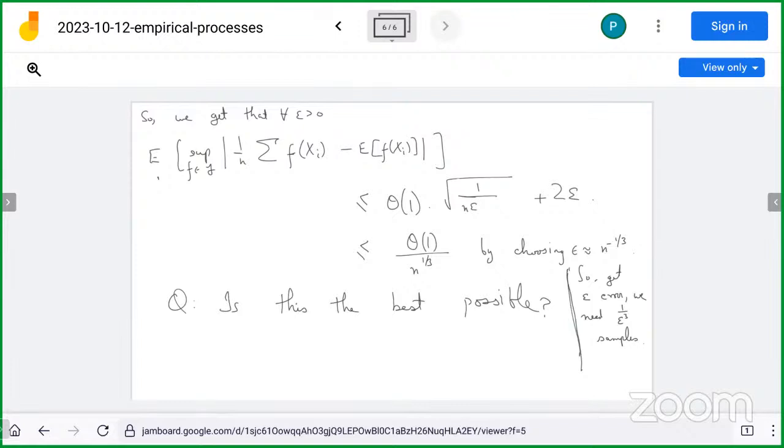We'll actually get all the way to root n for this problem. The construction is correct, but we need one more new idea. We need to do not just one epsilon, but all epsilon, at all scales. It's a pretty powerful idea.